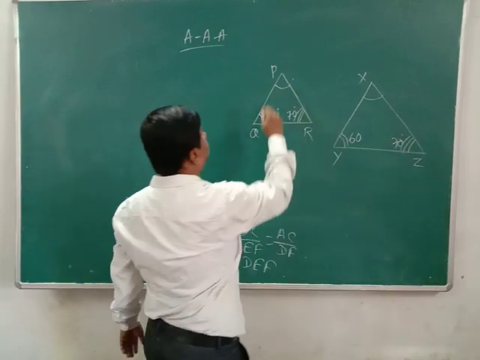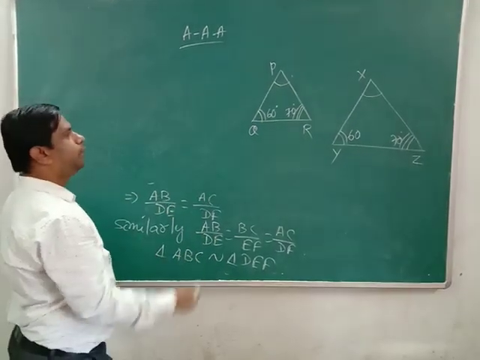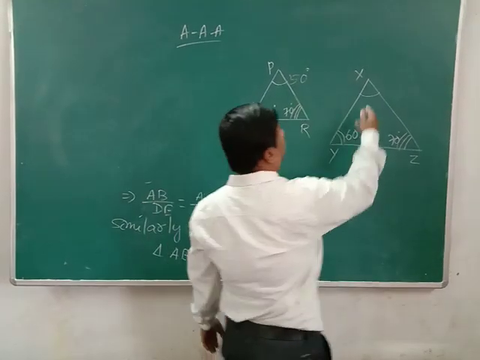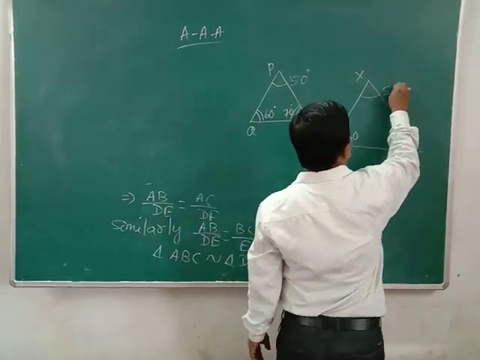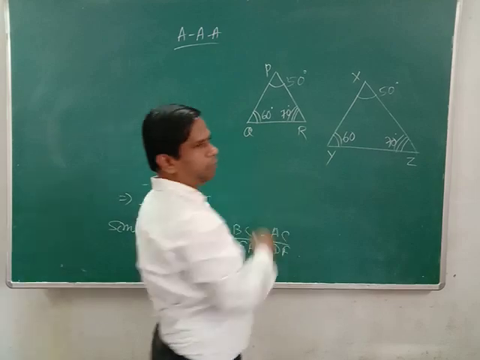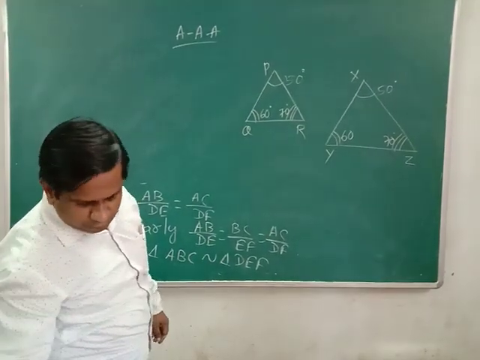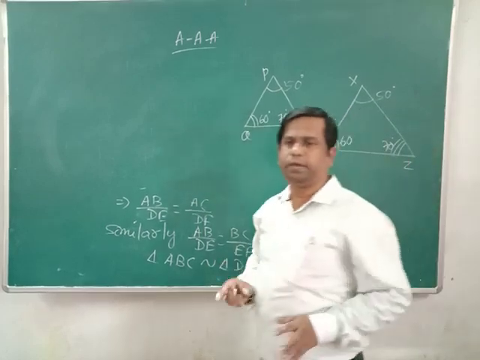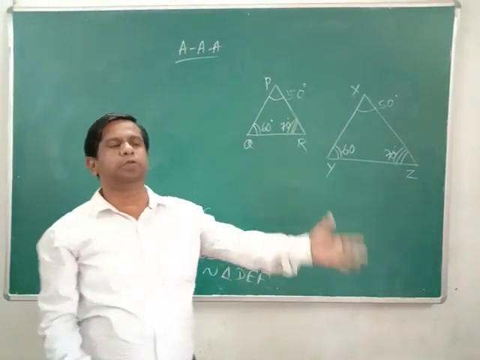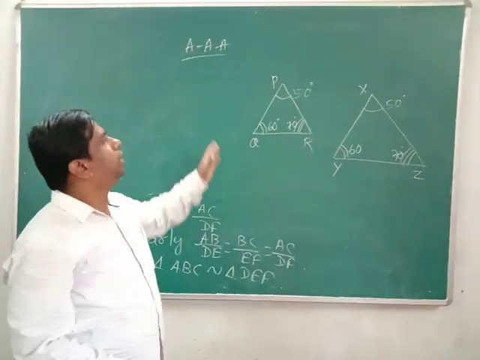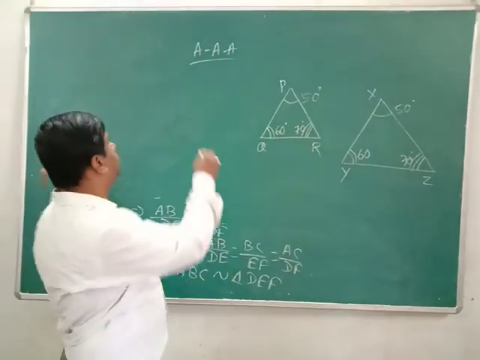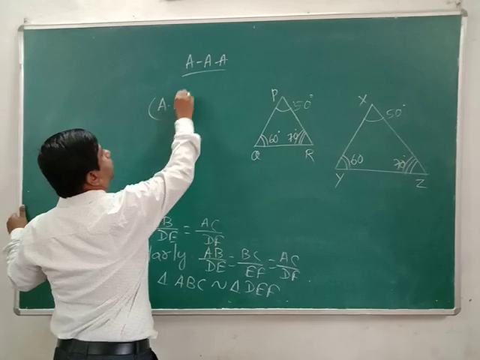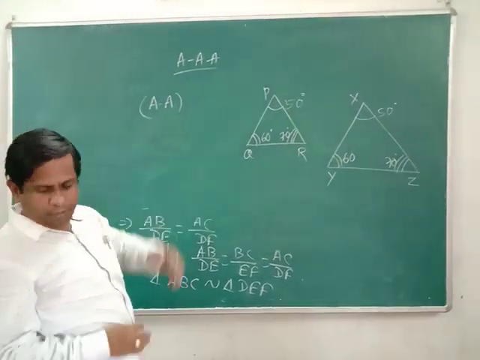So what is the measure of angle P? 50 degrees, because three angles add up to 180 degrees. What is the angle X here? Also 50 degrees. So all the angles are equal. So there is no need of three angles. If two angles of a triangle are equal to two angles of another triangle, they will be automatically similar. That is called AA criteria.